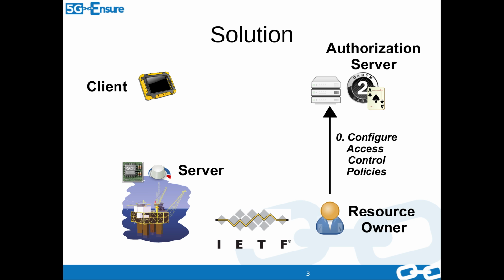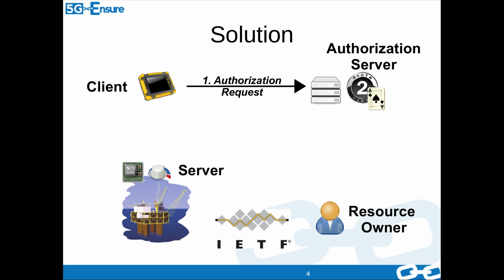This authorization server is used in a step that happens before the actual access. It's configured by the resource owner with access control policies that tell the authorization server which client has the right to access which resources on which servers.